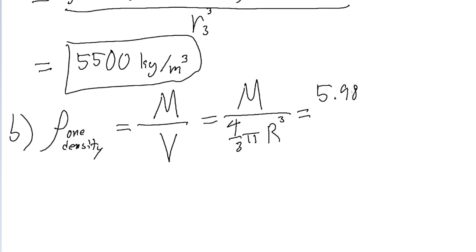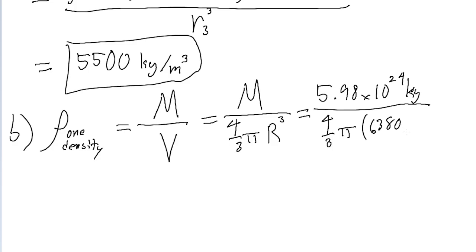We're told the mass is 5.98 times 10 to the power of 24 kilograms. And we're dividing it by 4/3 pi times the cube of the radius, which I'm going to write in meters. So that's 6,380 kilometers, or 6,380 times 10 to the power of 3 meters. All of that is cubed.